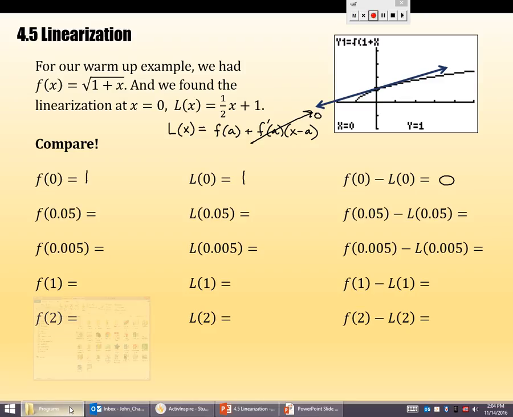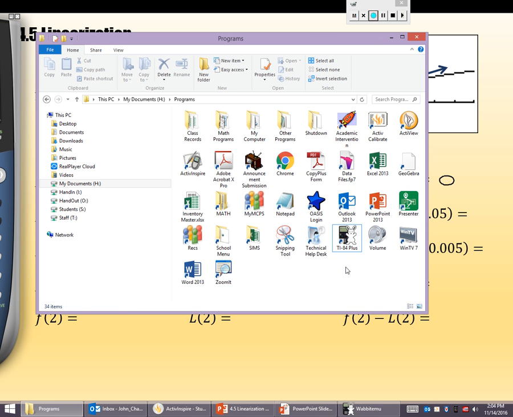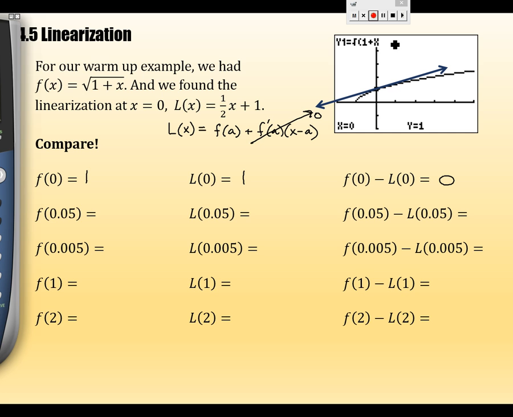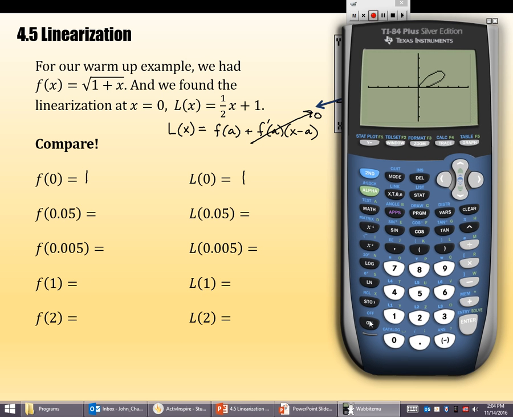Where's my calculator? Sorry, I know I'm blocking the view for a second here. So I'm going to put the first one in y1. And I actually want to compare these two.